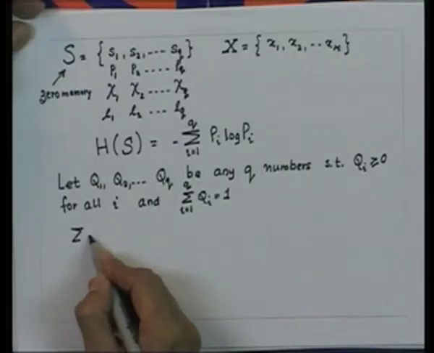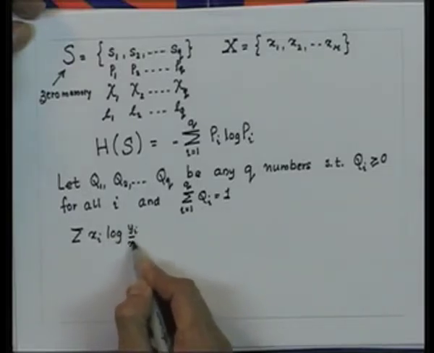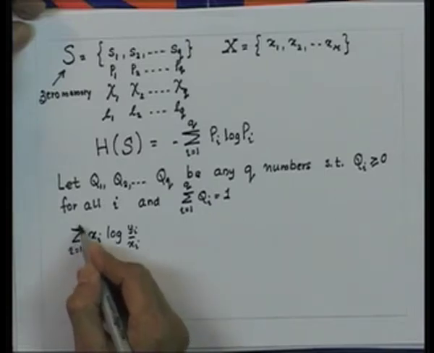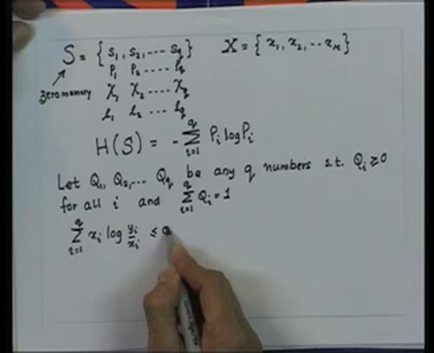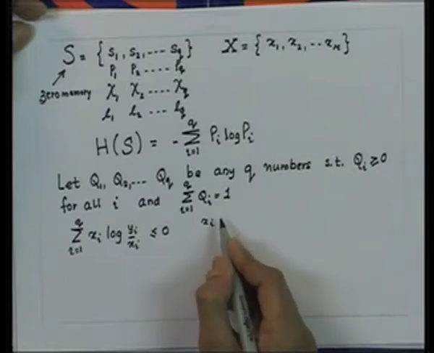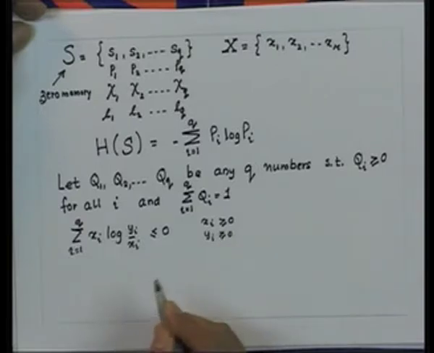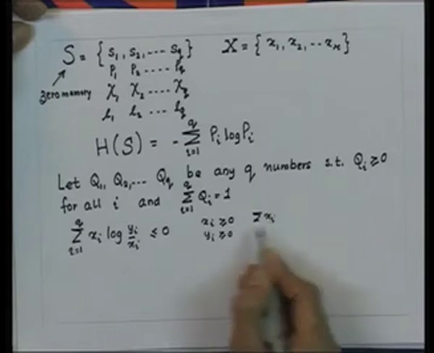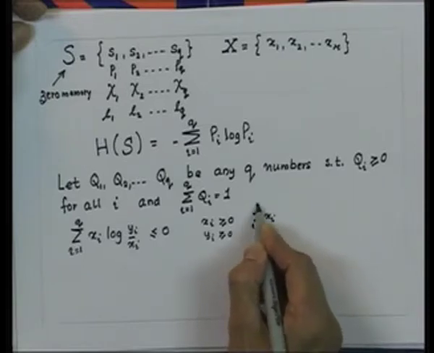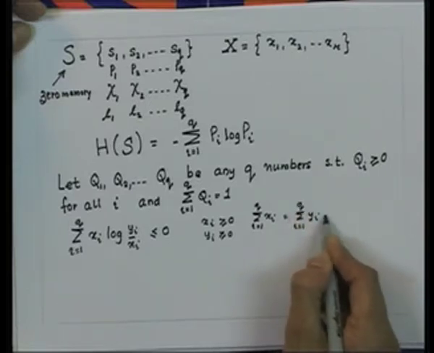Earlier in this course we have seen an inequality which says that the summation of xi log of yi by xi, i equal to 1 to q, is always less than or equal to 0, provided xi is greater than 0, yi is greater than 0, and the summation over xi and the summation over yi are equal to 1.